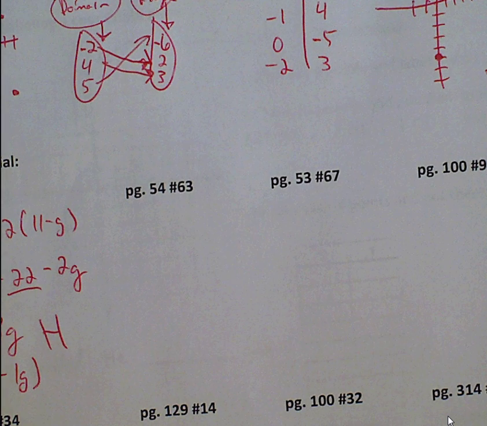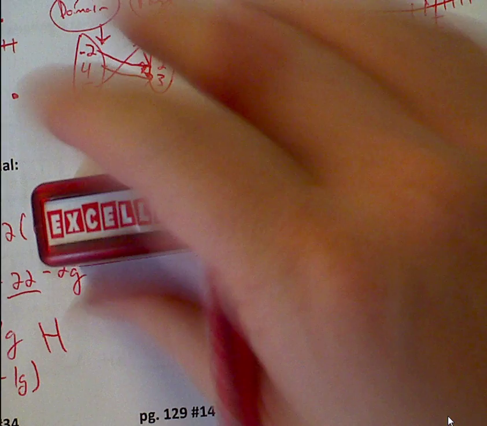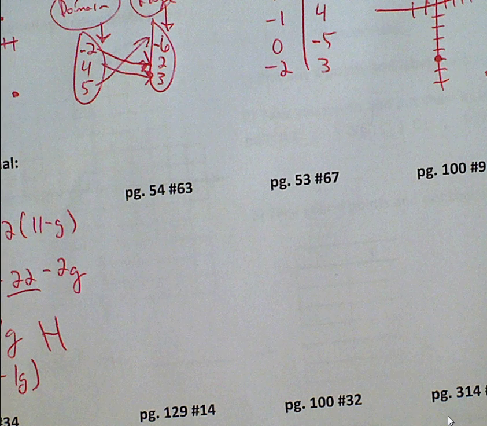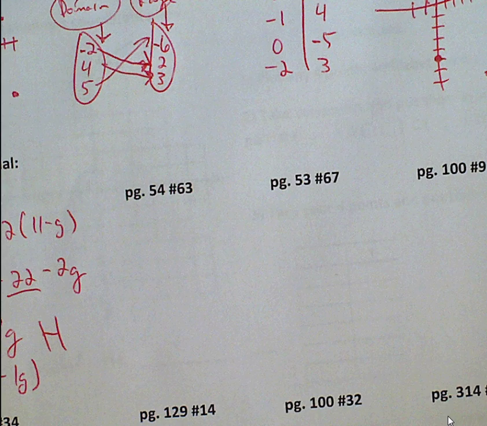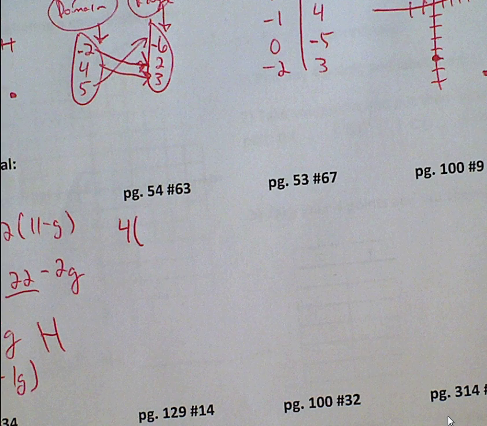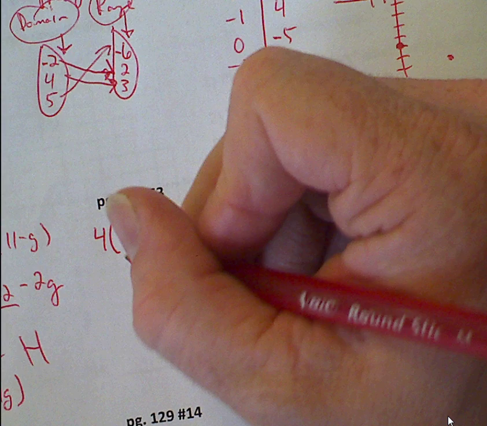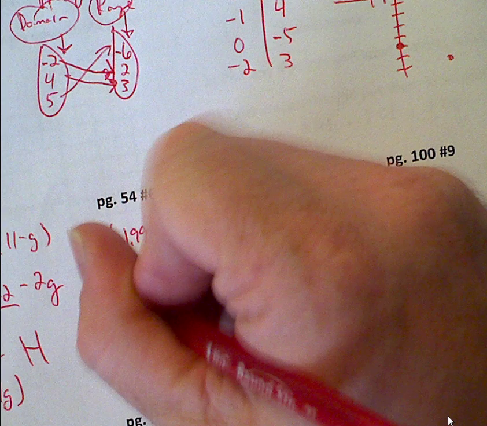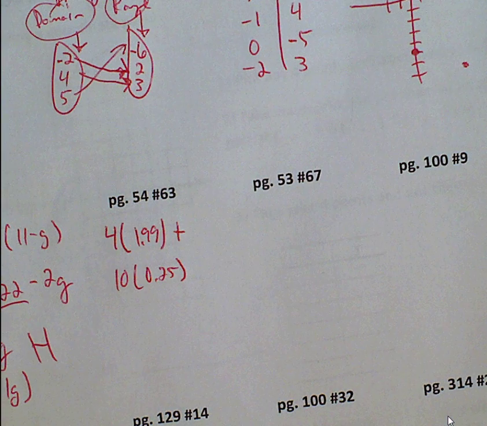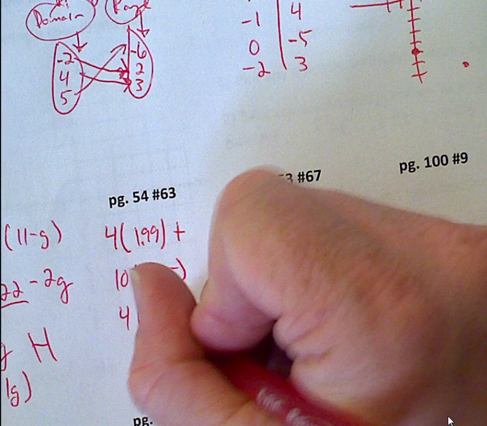Page 54, number 63. Pause the video and try. On number 63, it says the table shows the prices of some items. Tom needs 4 glue sticks, so 4 times $1.99, plus he needs 10 pencils at 25 cents, and then he needs 4 notebooks, and the notebooks would be $1.85.